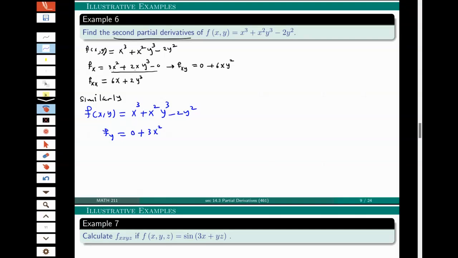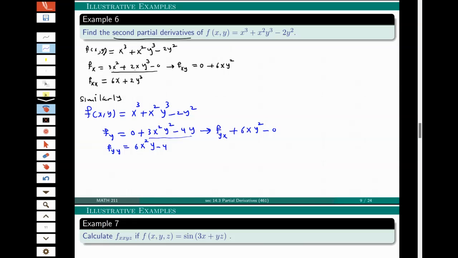That will be 3x squared y squared minus 4y. f sub yy means we differentiate again with respect to y. That will be 2 times 3, which is 6x squared y minus 4. But if I want to differentiate f sub yx, meaning differentiating now with respect to x, it will be 6x y squared, constant, and that will be minus 0.